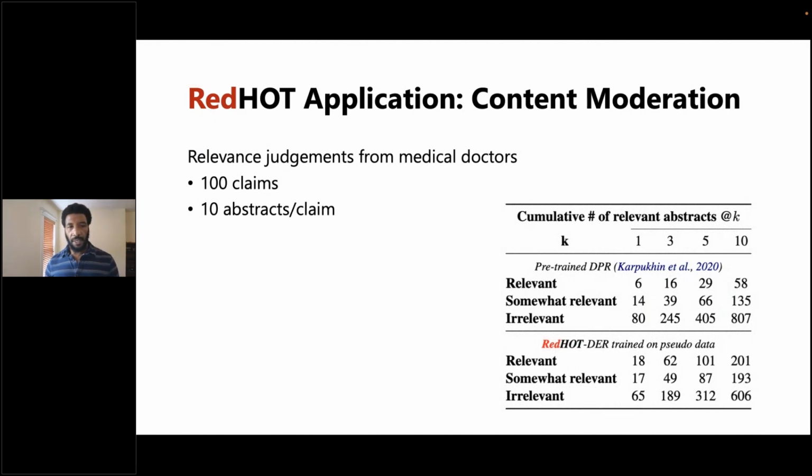Here the upshot is that this is quite a difficult task. We can see that using our training data significantly improves the ability of the model to retrieve more relevant abstracts and fewer irrelevant abstracts across all the cutoff points.